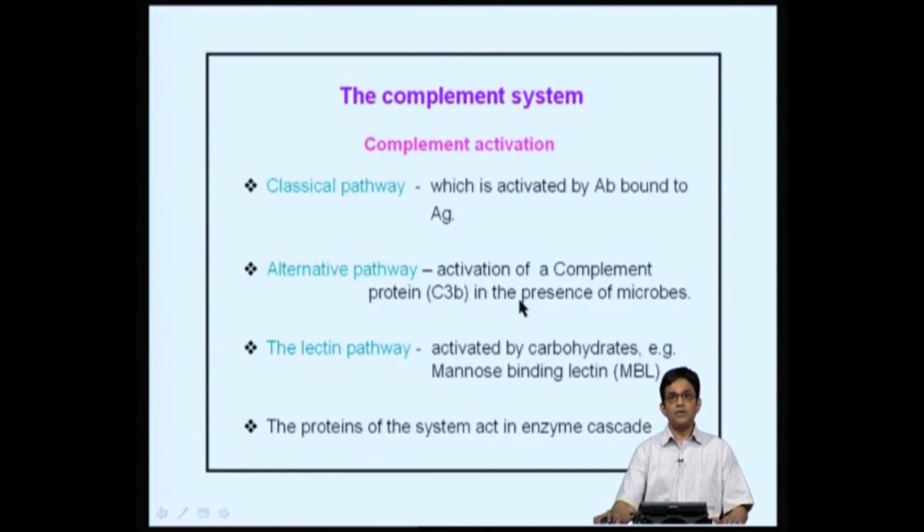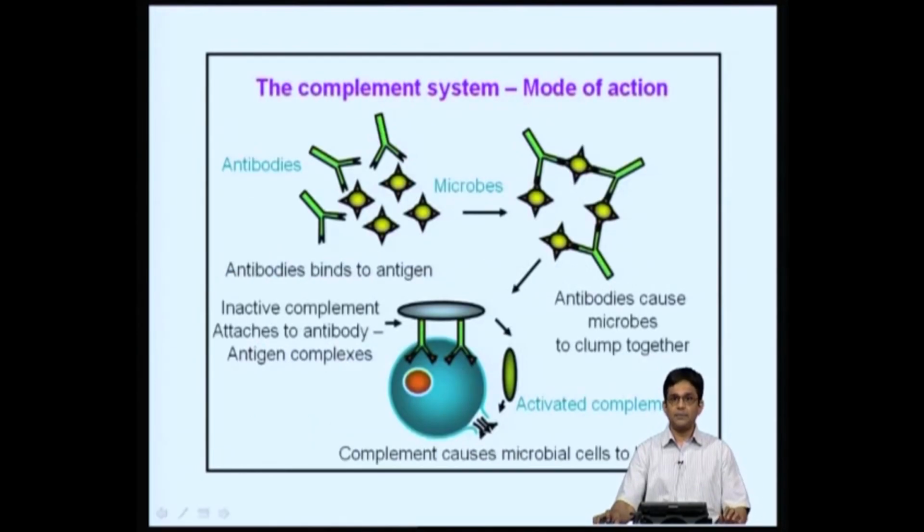The other way by which complement can be activated is through the mannose binding lectin, which binds to pathogen surfaces, and we will discuss these in slightly greater detail. The important part of the complement pathway is that the proteins in this system act as an enzyme cascade. So one protein gets activated, in turn activates the other one, and so on until the microbe is lysed, and we will see that somewhat later.